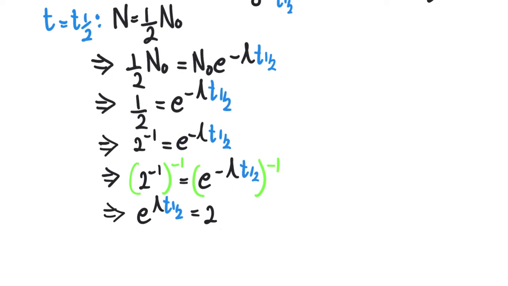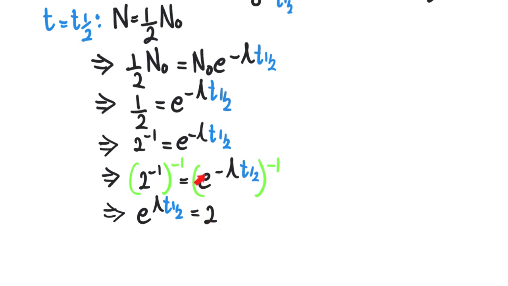And using laws of exponents, if you've got x to the m raised to the power n, then it's x to the m times n. So 2 to the negative 1 to the negative 1 is the same as 2 to the negative 1 times negative 1, which is positive 1. A negative times a negative is positive. So this is the same as 2 to the 1, which is just 2.